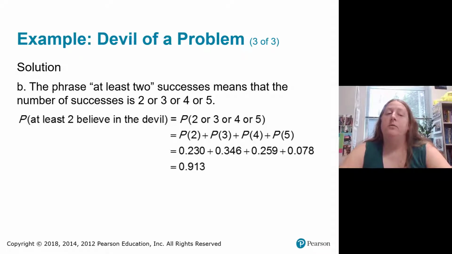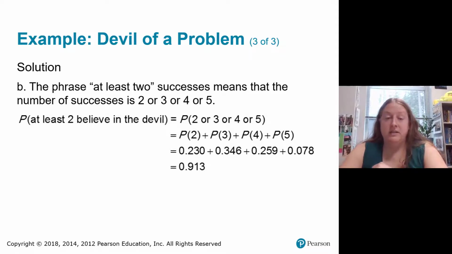Now, if we want to find the probability that at least 2 adults do, we're looking for the probability that exactly 2 do, exactly 3, exactly 4, or exactly 5. We find this by taking the probability of 2 plus the probability of 3, plus the probability of 4, plus the probability of 5.